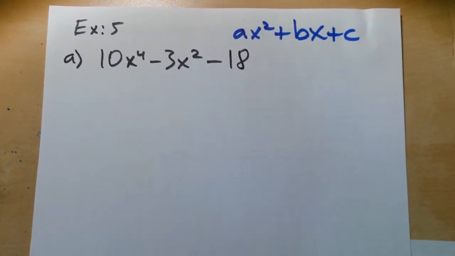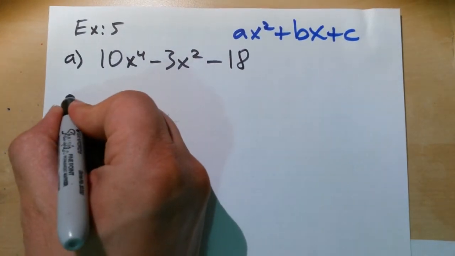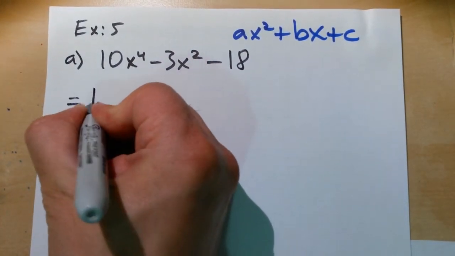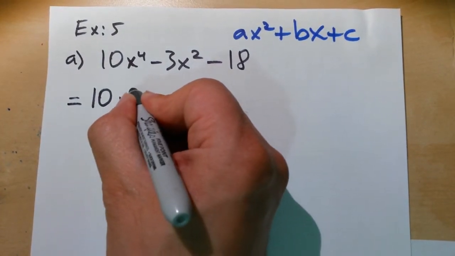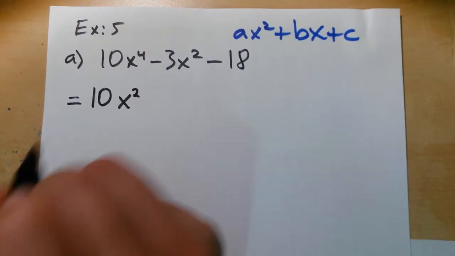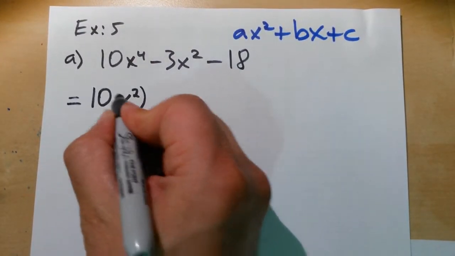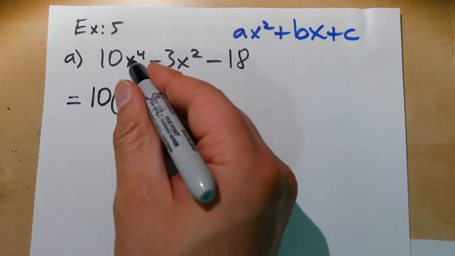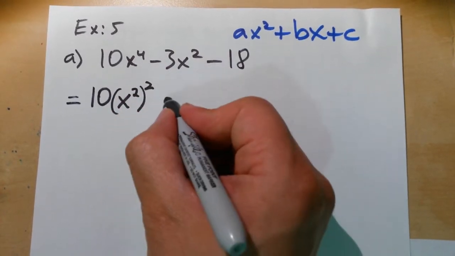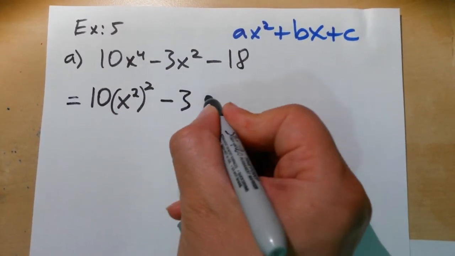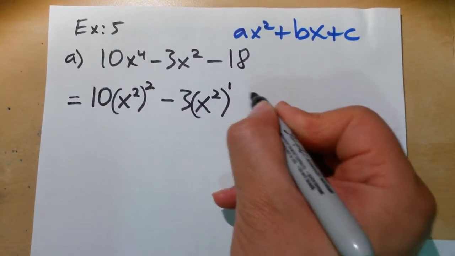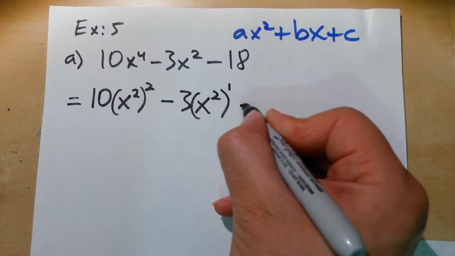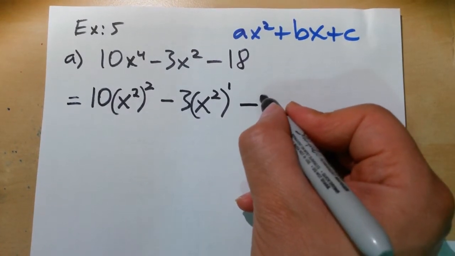Well, we can view it in this manner: 10 times x squared to the power of 2, which is actually x to the power of 4, minus 3 times x squared to the power of 1, minus 18. If you remember your exponent laws, which you should by now.